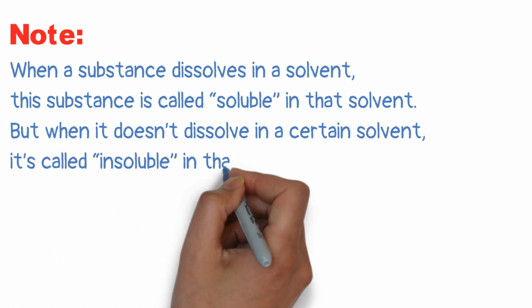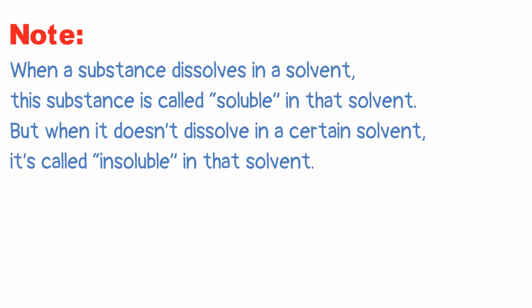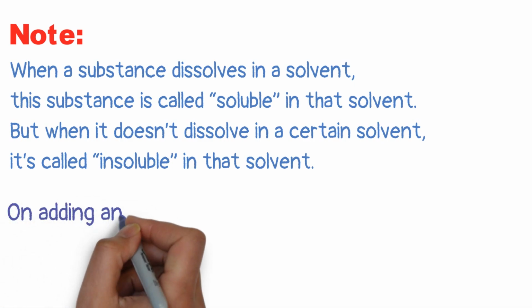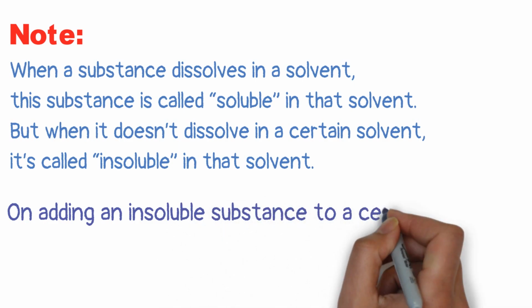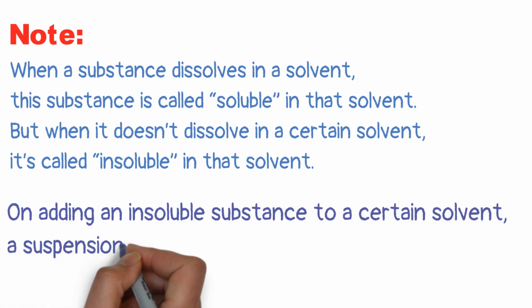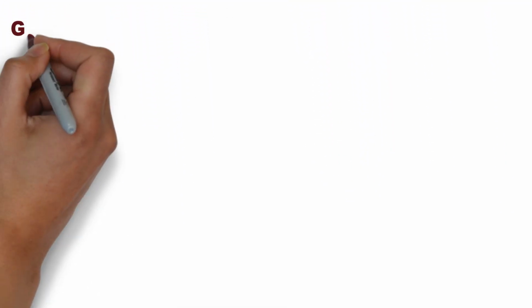But when it doesn't dissolve in a certain solvent, it is called insoluble in that solvent. On adding an insoluble substance to a certain solvent, a suspension is formed.